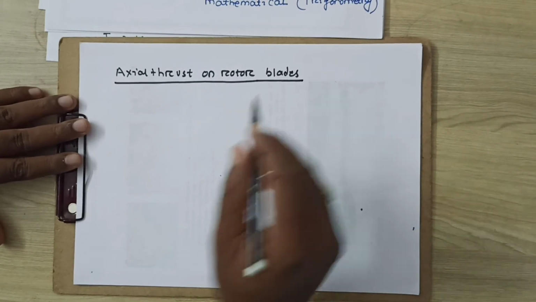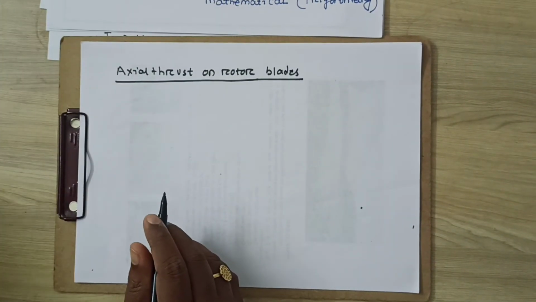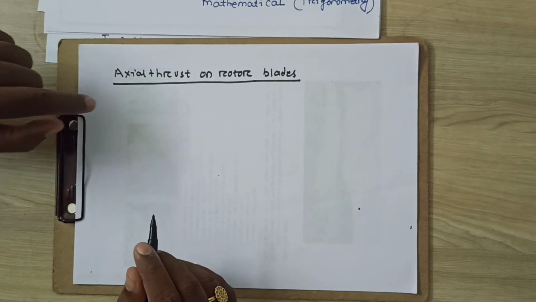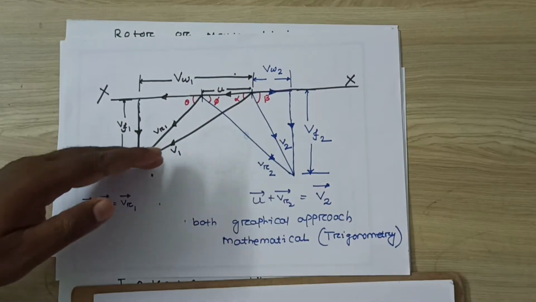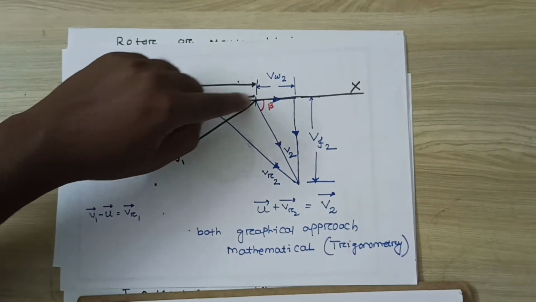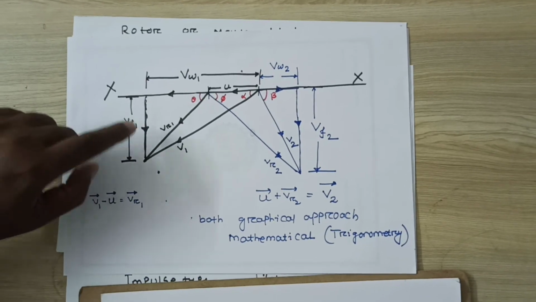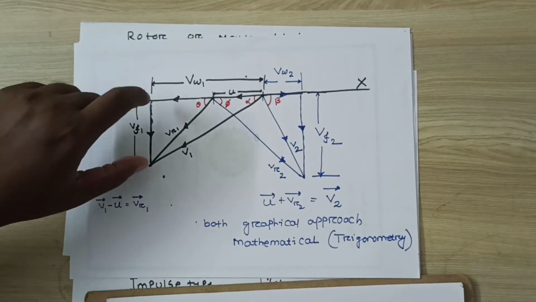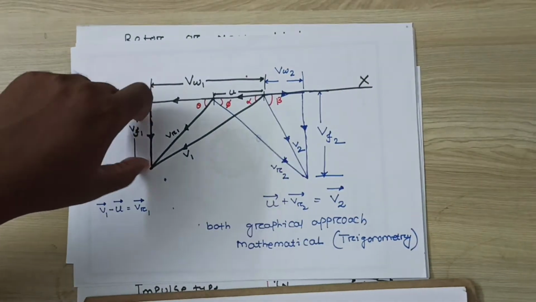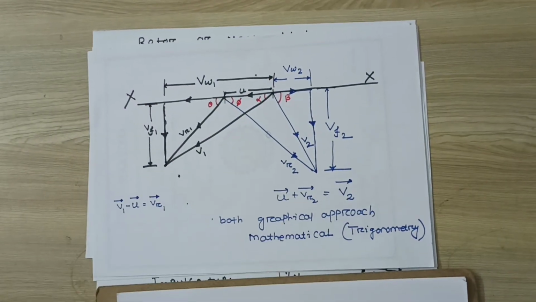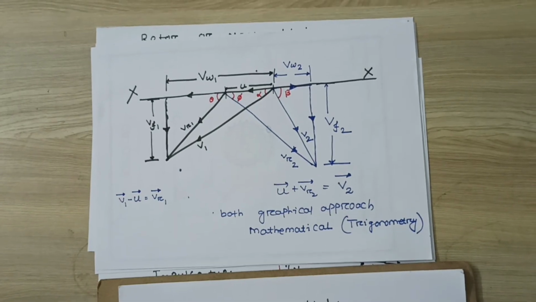We do not want it, because it will cause wear and tear on the bearing. But this axial component is also needed, because if we do not get this axial component, the steam will not get inside. We require this Vw1 along with this Vf1. Due to the change in magnitude of Vf1 and Vf2, there will be an axial thrust on the bearing over which these blades are mounted.